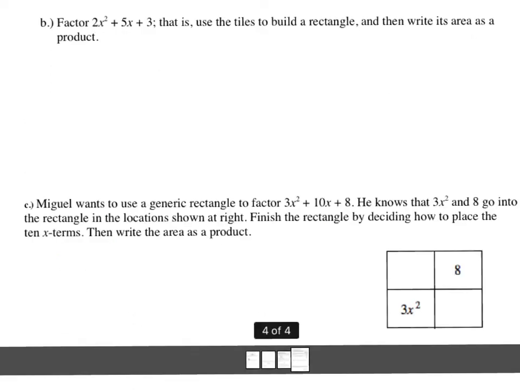So let's use that process to factor 2x squared plus 5x plus 3. So we start to build our generic rectangle. Our first term goes in the lower left, our last term goes in the upper right. We set up a diamond problem. So the product of these two is 6x squared.